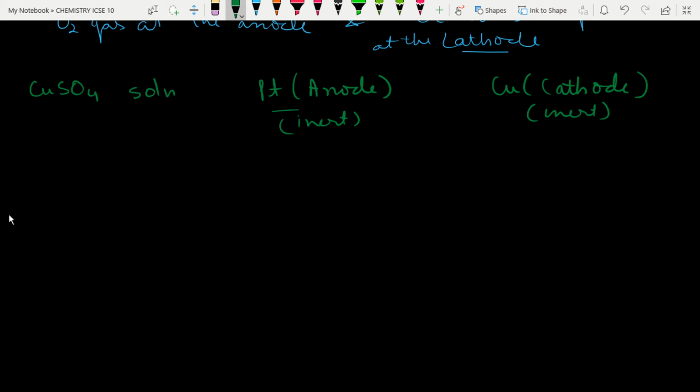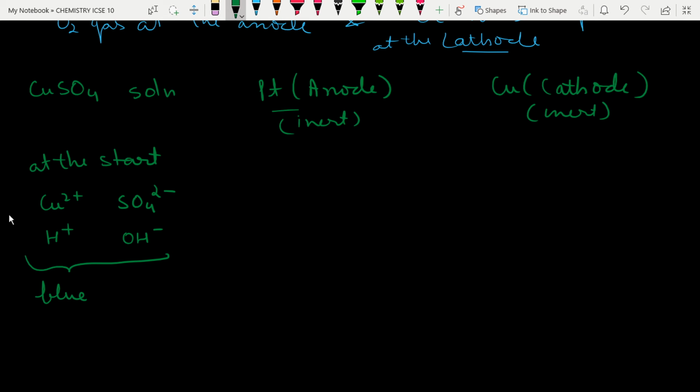So no change from the above process. So let us do it briefly here. At the beginning, at the start, we had Cu2+, SO4 2-, we had H+ and OH-, and the solution was blue.